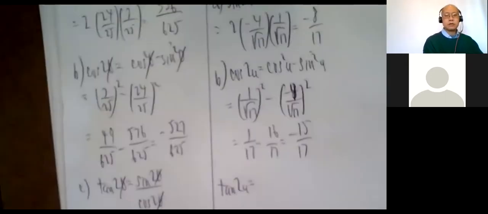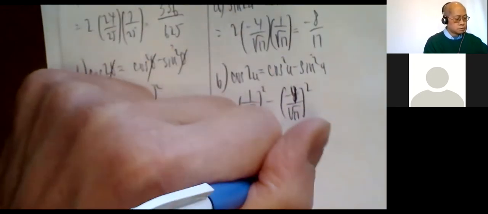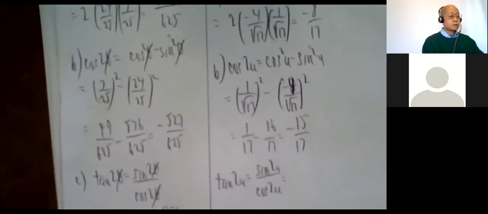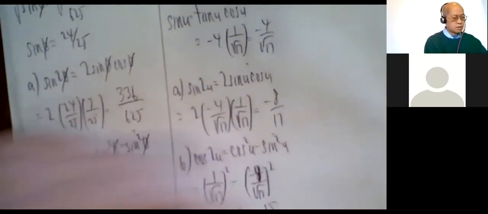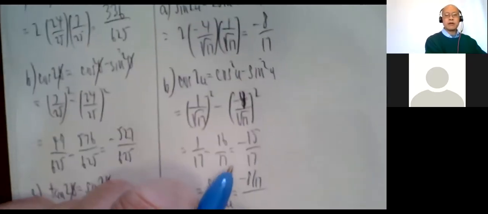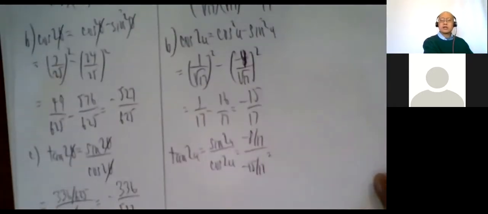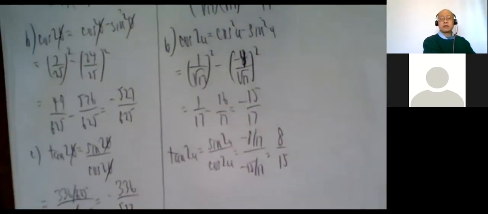And tangent 2u is sine of 2u divided by cosine of 2u. Sine of 2u, we just did that, -8 over 17. Cosine of 2u, -15 over 17. 17s cancel out, 2 negatives make a positive, 8 over 15.